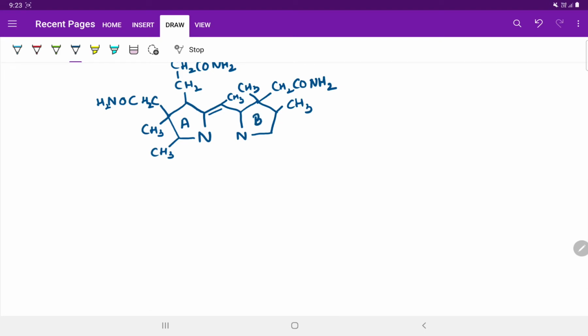So with another methane bridge structure, the next pyrrole ring structure will be attached.